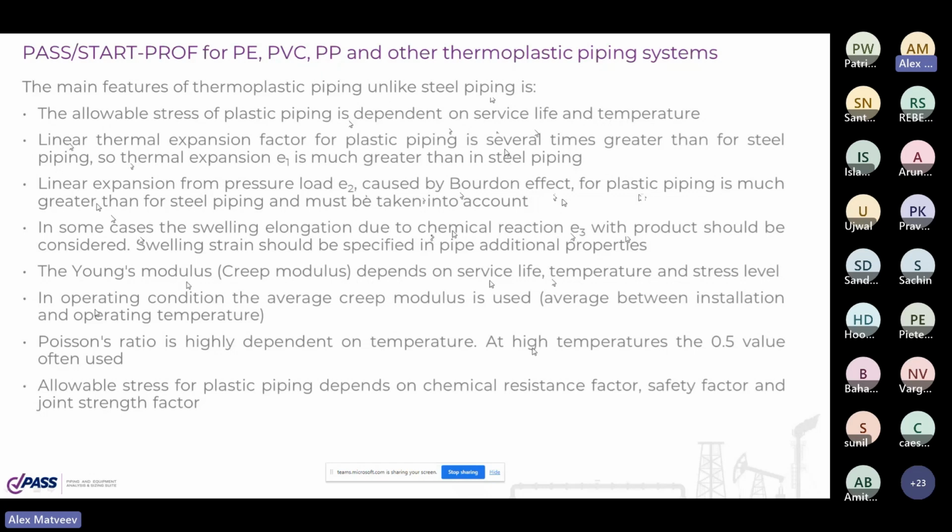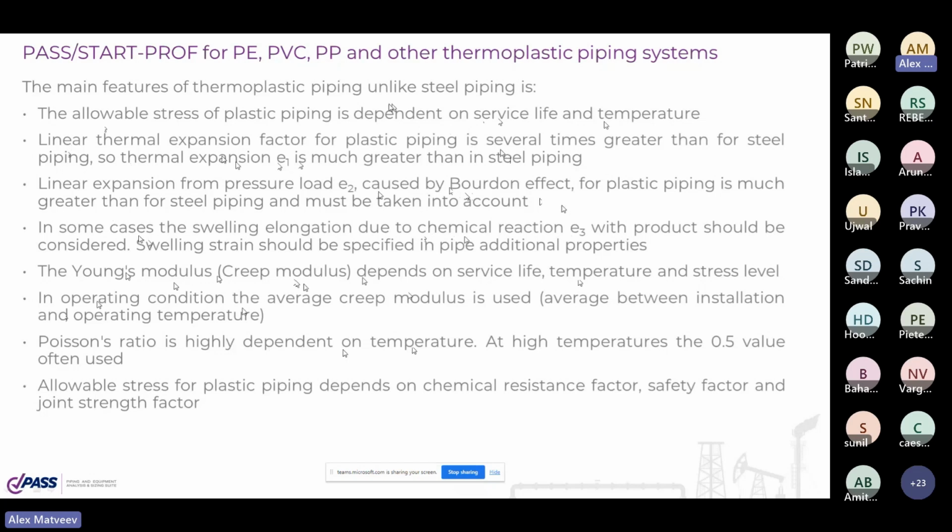Another feature is that in operating condition, the average creep modulus is used. And Poisson ratio also depends on the temperature. For example, in the steel piping, the Poisson ratio is the same for all temperatures, but for plastic piping, the Poisson ratio changes upon the temperature.